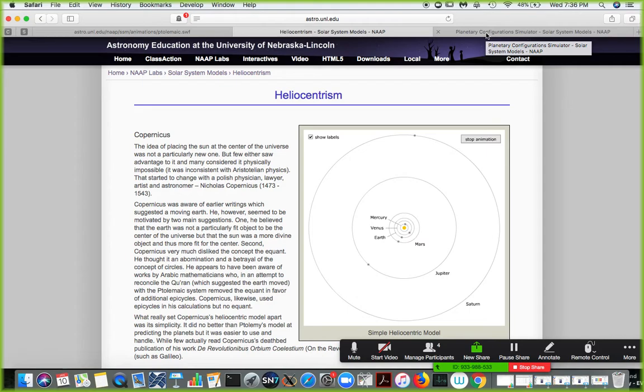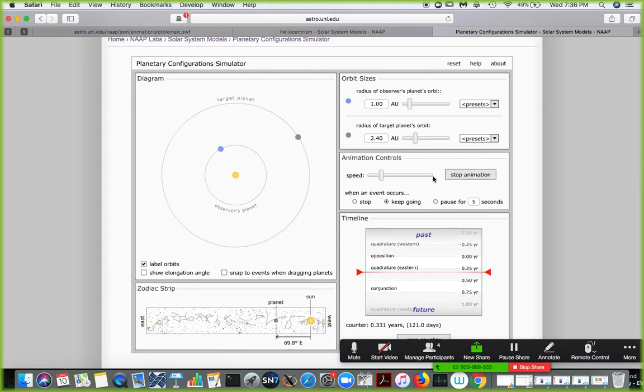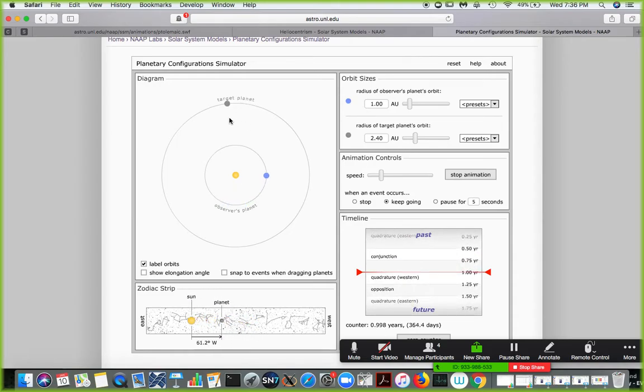So let's now look at this planet configuration as seen from Earth. Here's Earth. Earth is not in the center of the solar system anymore, but is just another planet. That's the Sun, and this is an outer planet. That could be Mars. If I start the animation, planets go faster, Earth goes faster around the Sun, then Mars goes.